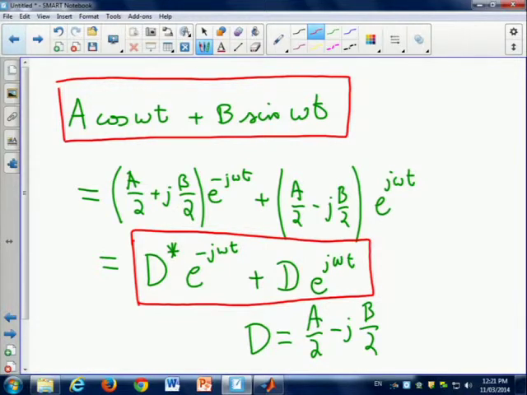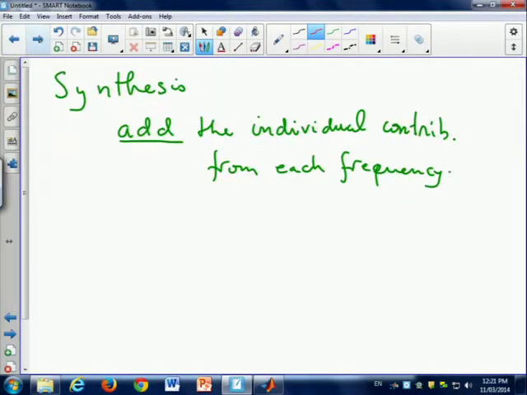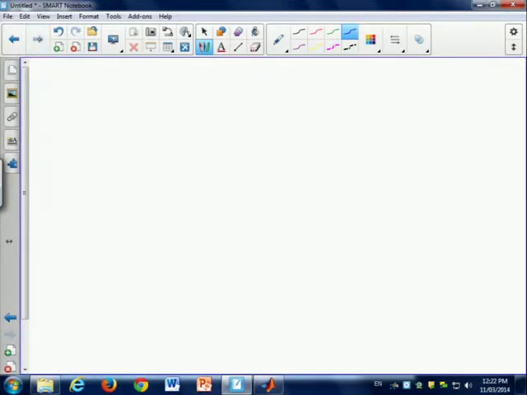Let's add frequency in real form. Let's say the frequencies are omega 1, omega 2, omega 3, and there's a final one here, let me call it omega n.